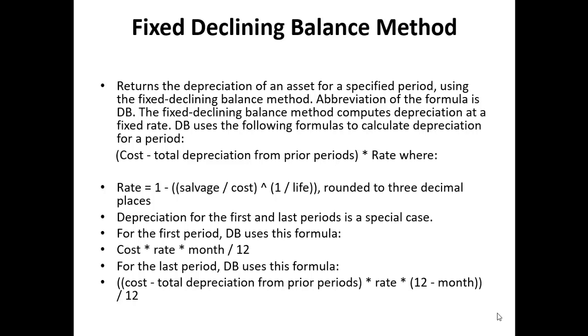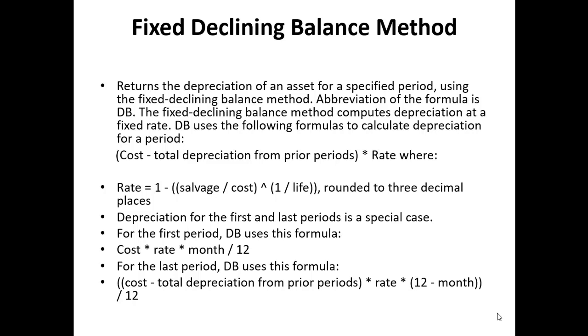The declining balance uses the following formula to calculate depreciation for a period. Under the declining balance, how is the depreciation computed? It is simply the cost minus the accumulated depreciation, multiplied by the rate. So we agreed that the rate is a fixed one, and in order to see what the applicable rate is, you can use the following formula to compute the rate.